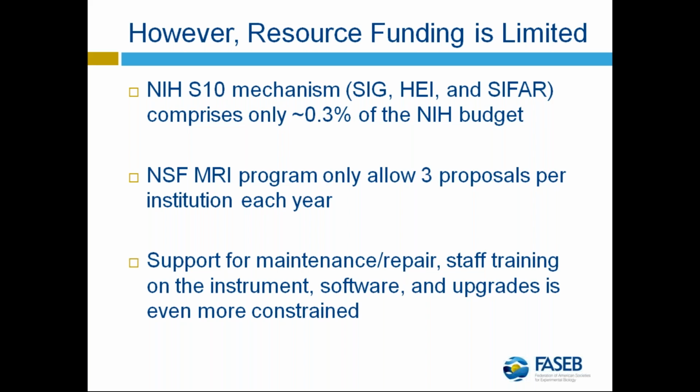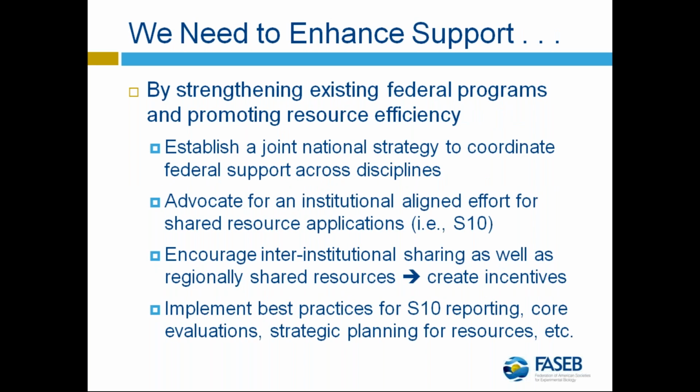And also, in terms of the major user group, it would be great for the NIH S10 applicants to document the full spectrum, demonstrating the breadth and stability of their NIH-supported user base instead of just focused on a major user group. So we need to enhance support because efficient use of shared resource dollars benefits the whole scientific enterprise.